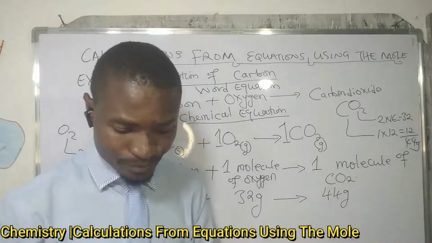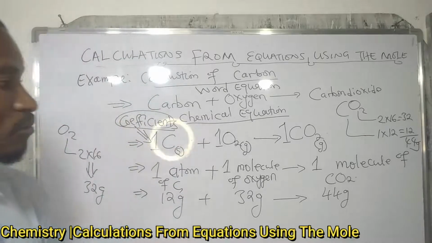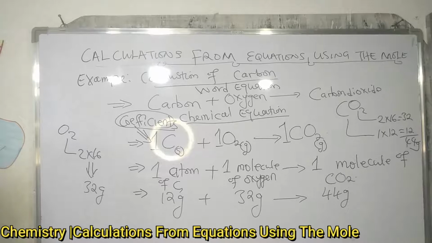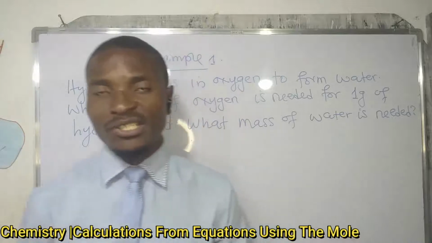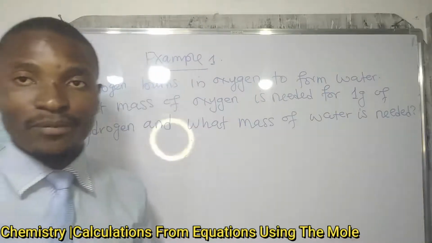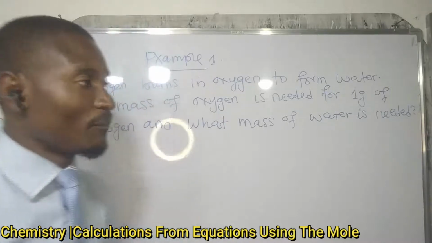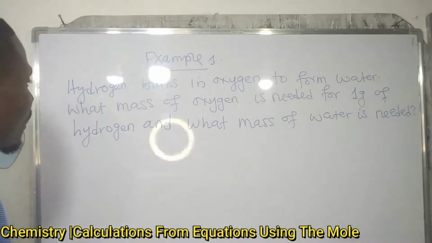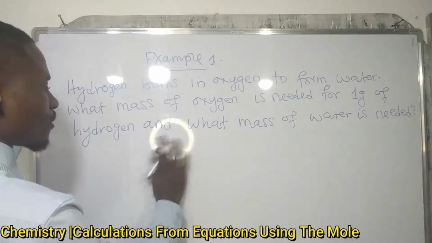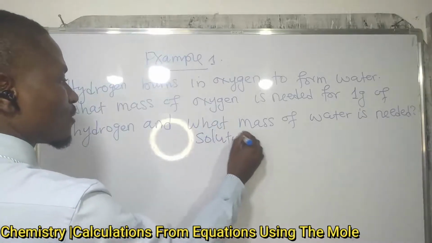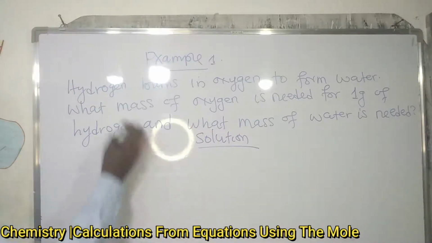Now we can look at an example. The equation on the board is about the combustion of hydrogen, meaning we are making a fuel through the process called combustion. First of all, write the solution. We have to write the equation of what is going on.